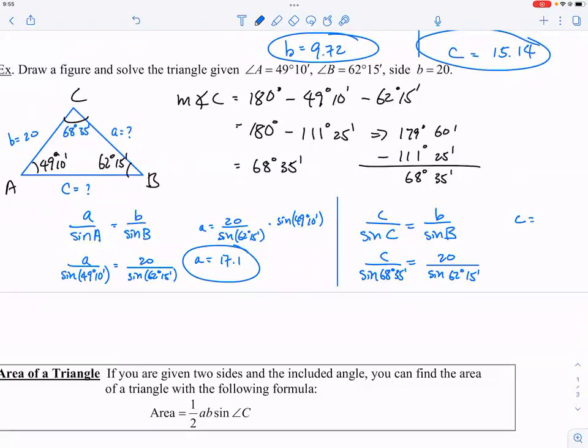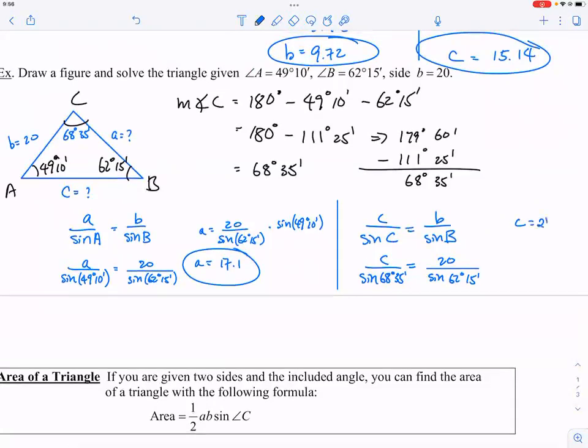And then C is equal to 20 times sine of 68, then divided by sine of 62. And I got C being 21.04.